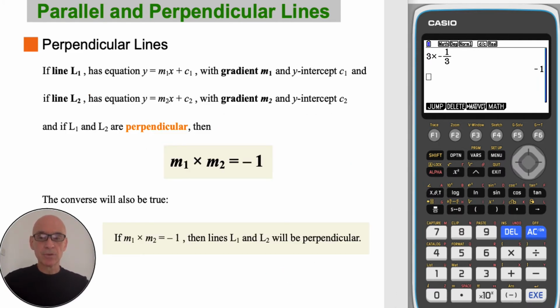So in general, if line L1 has a gradient m1, and if line L2 has a gradient m2, and if the two lines, L1 and L2, are perpendicular, then m1 multiplied by m2, the product of their gradients, is always equal to negative 1. The converse will also be true. If the product of the gradients of two lines is equal to negative 1, then the two lines will be perpendicular.